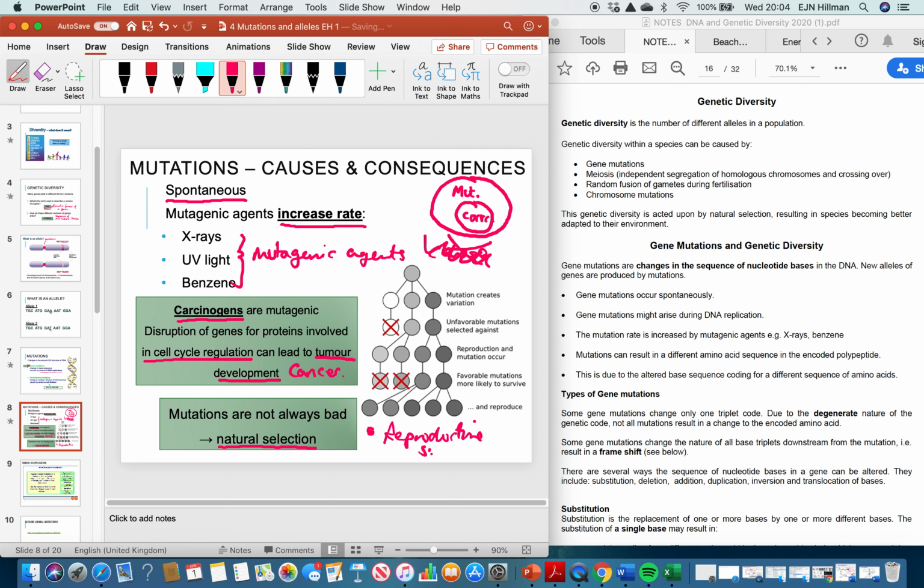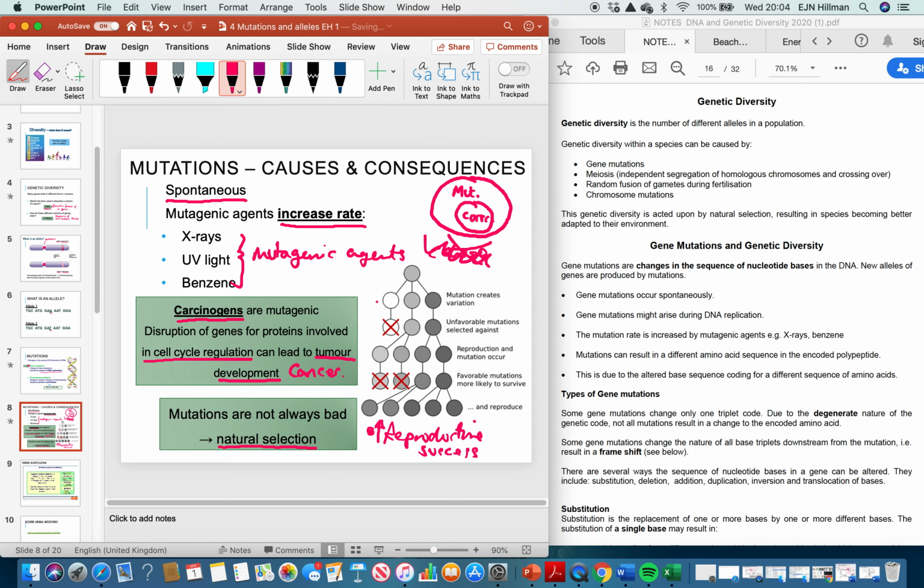Reproductive success means how often is that individual able to reproduce and pass on their alleles. So sometimes a mutation may increase the reproductive success, such as this example here.